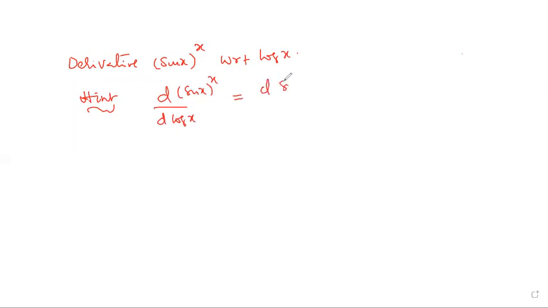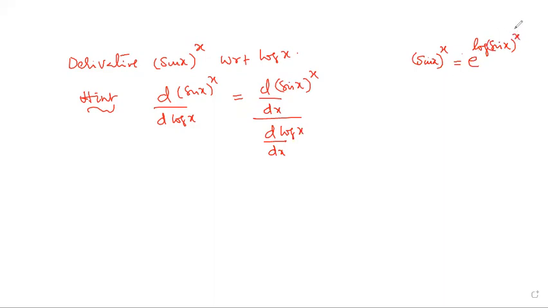So the derivative of sin x power of x with respect to dx, divided by the derivative of log x with respect to x. Sin x power of x, without changing the meaning, is e power of log of sin x power of x. Log and e cancel, leaving sin x power of x only. In logarithm, the power comes before, so it becomes e power of x log of sin x.